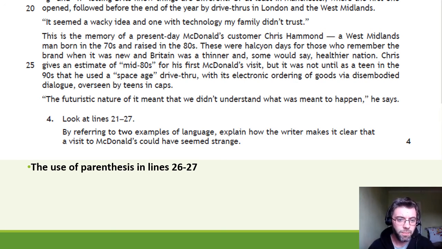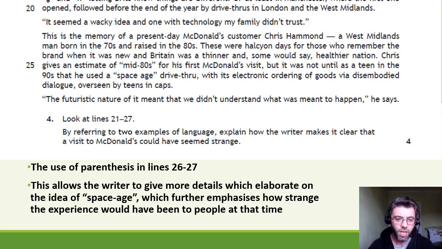What's the effect of it? Well, the effect of it, I would argue, is that it lets the writer go from this thing about space age and give us some more information about it to elaborate on that idea of it being space age. And the effect of that is then to emphasize how strange, and I suppose how space age, how futuristic the experience would seem to people.